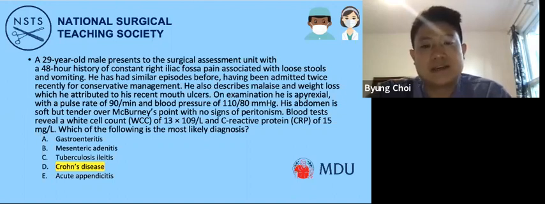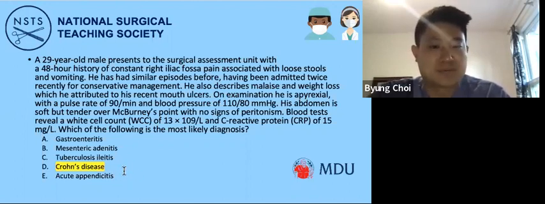Most likely you would have been between D and E, perhaps because of that history of right iliac fossa pain, as well as tenderness at McBurney's point. Crohn's disease has a common presentation of terminal ileal disease that would present with right iliac fossa pain. And then you've got appendicitis, which is your classic one for RIF pain.